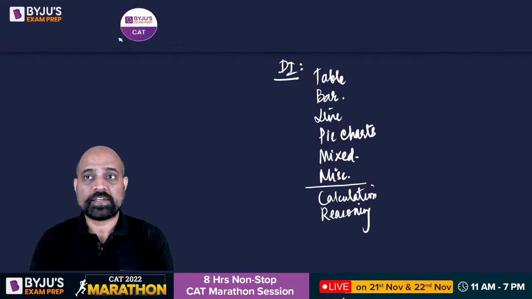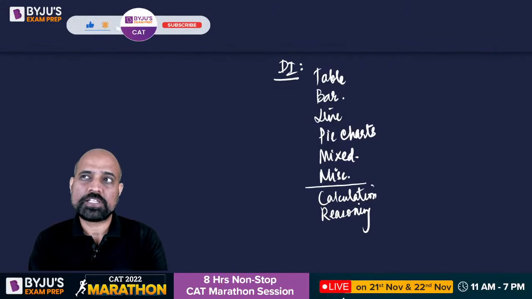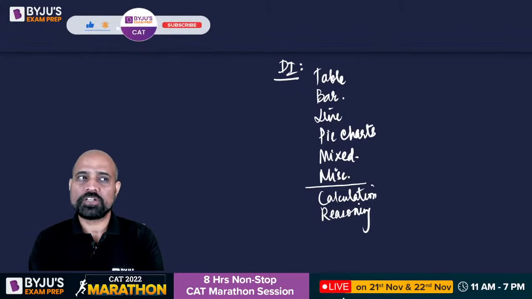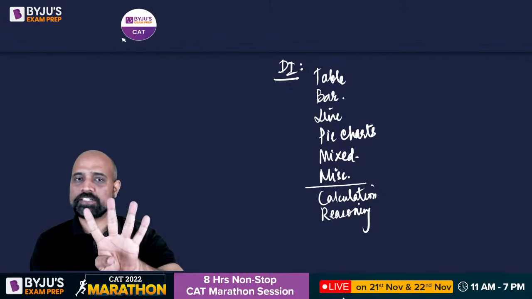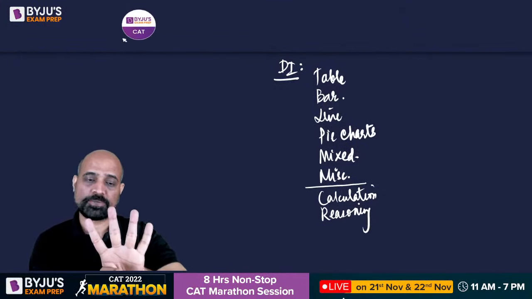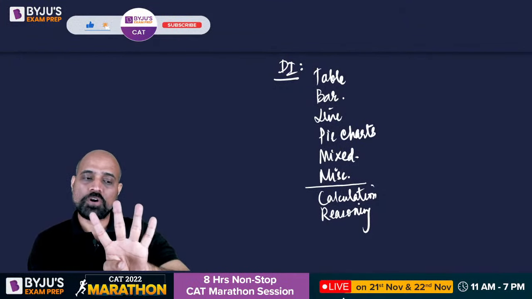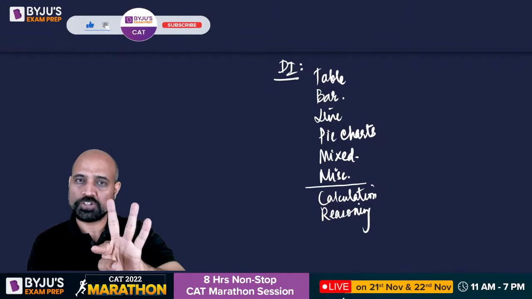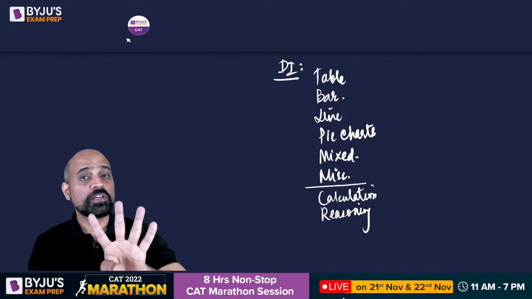In the last 6 to 7 years, CAT has not been giving a lot of pure DI. There are 4 sets, right? 6 questions, 6 questions, 4 questions, 4 questions, 4 sets hote hain LRDI section mein. Out of these 4 sets, only one, whether it's a 4 question or a 6 question set, is going to be a pure DI set.